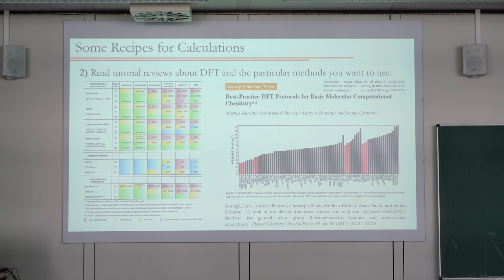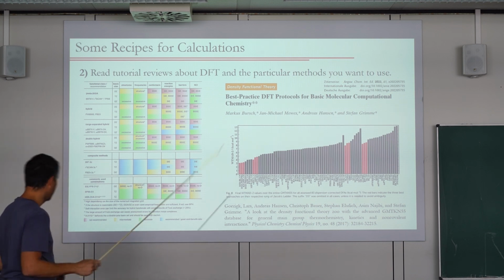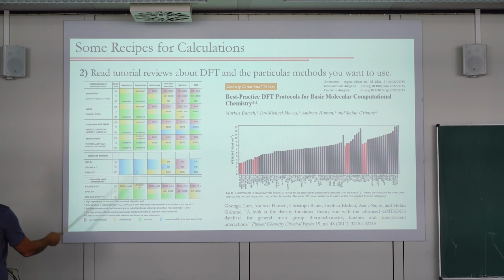This is like a graph of different functionals for different purposes. So the green is good, the blue is recommended, and the yellow and red are not so good or bad.